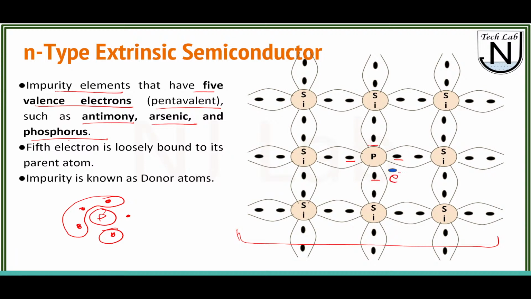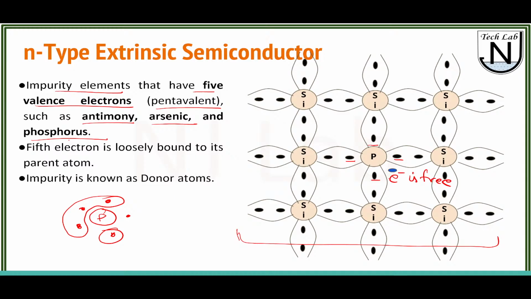So this electron is free in the sense that since it is within the crystal, it is bound by some energy, but that amount of energy is so negligible that with a very minimum energy it can simply jump to the conduction band.